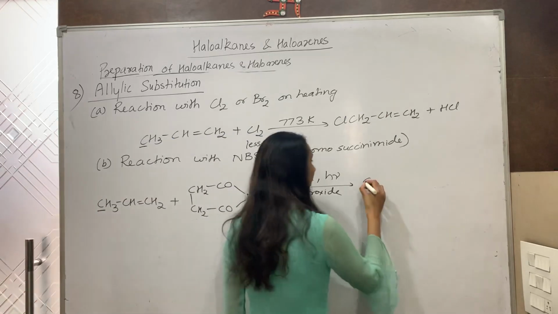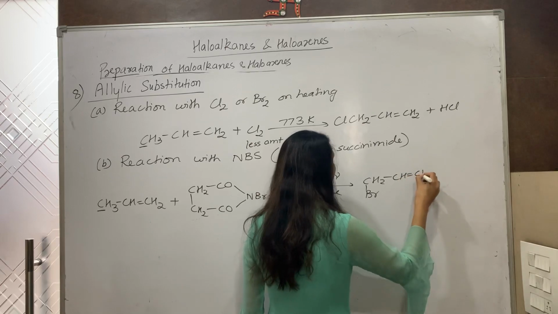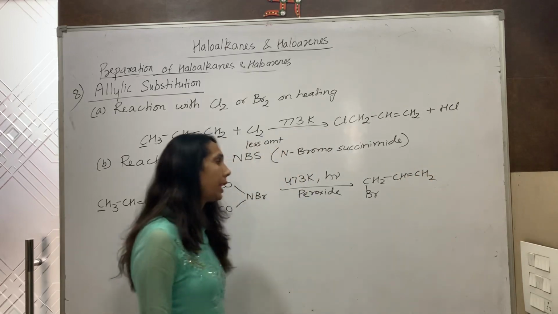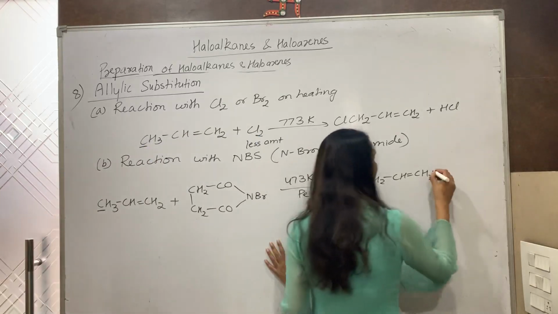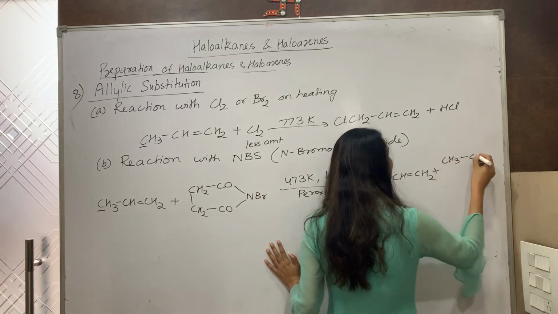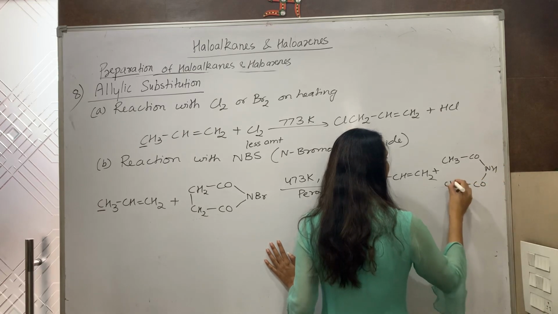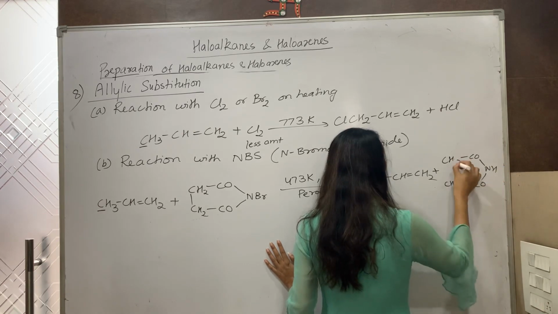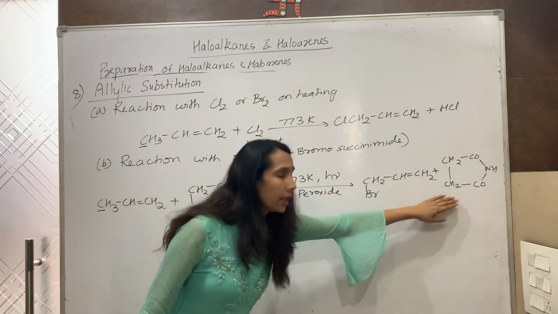So we get CH2Br-CH=CH2. The substitution takes place at the allylic position, plus CH2CONH-COCH2, that is, succinimide is formed. The product formed is succinimide.